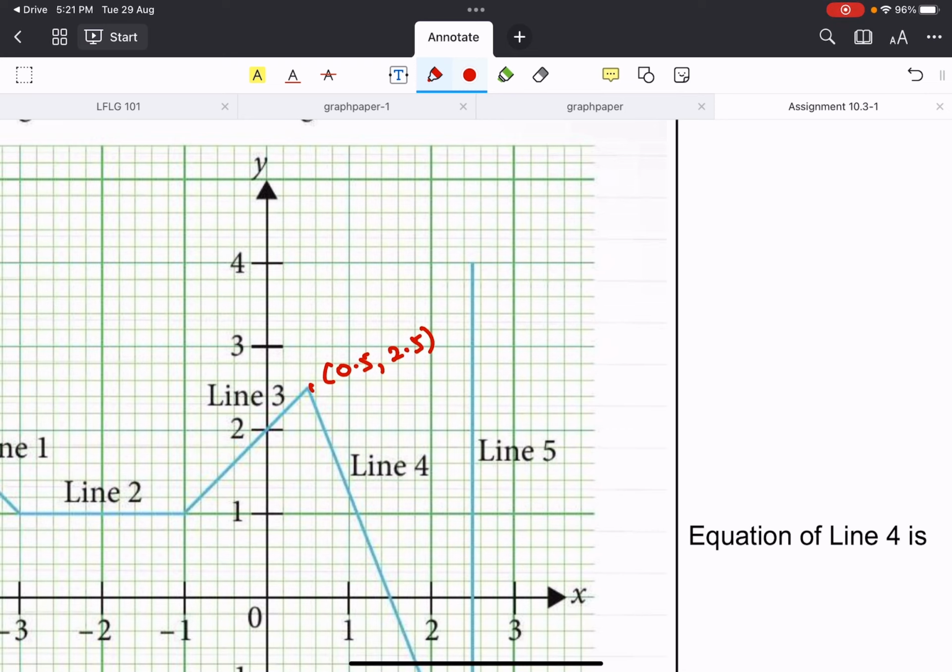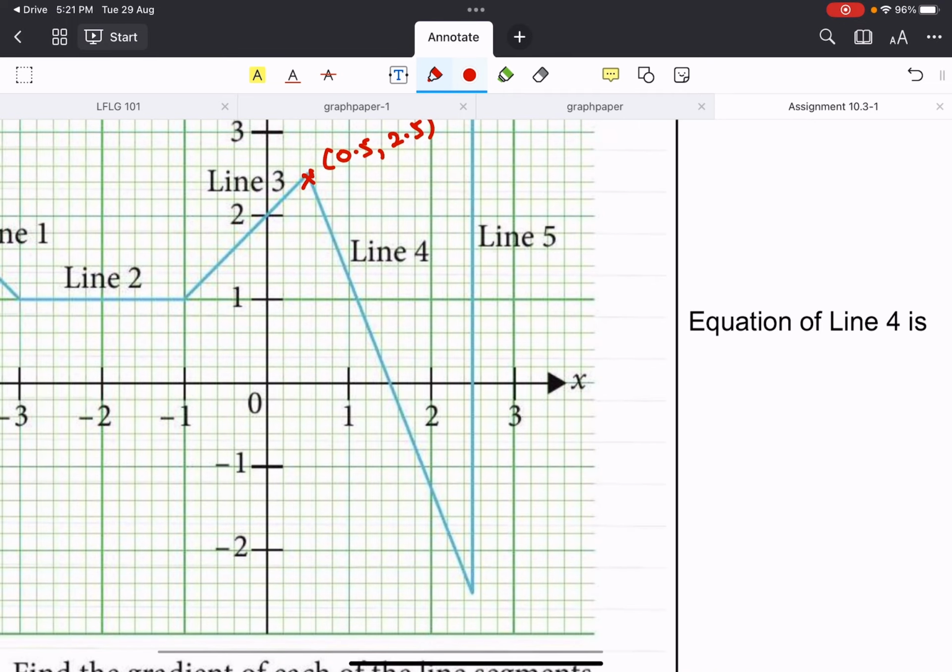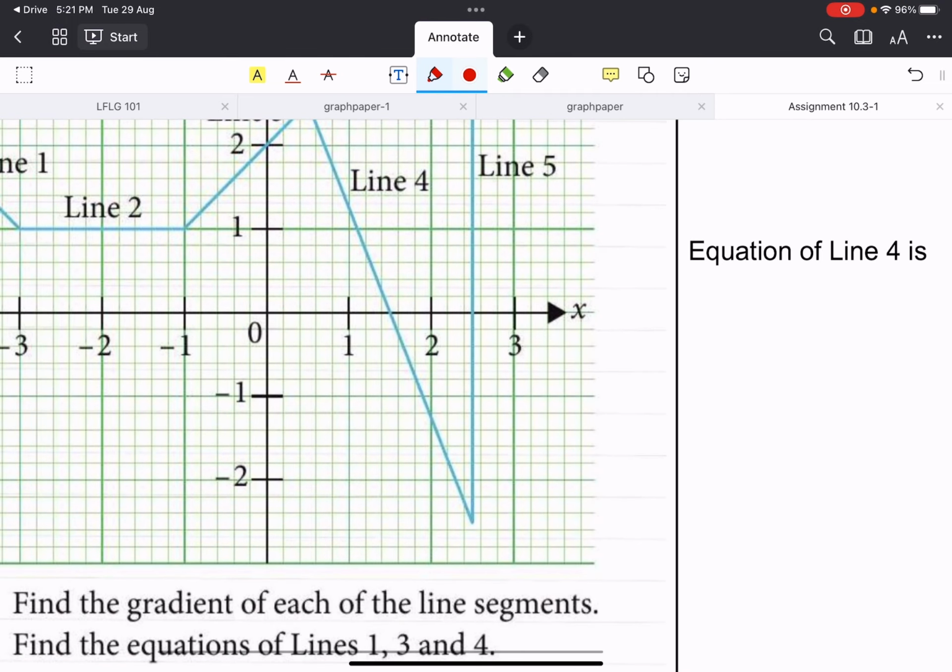Then we can use the other end: the x value is 2.5 and the y value is negative 2.5.